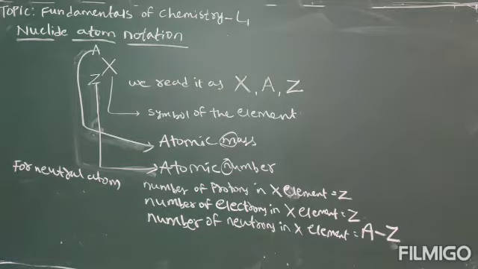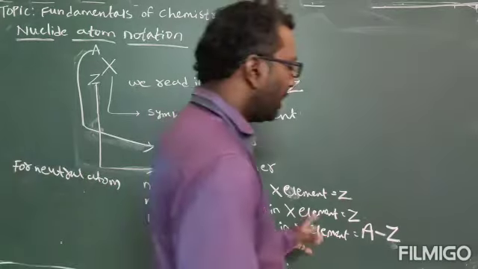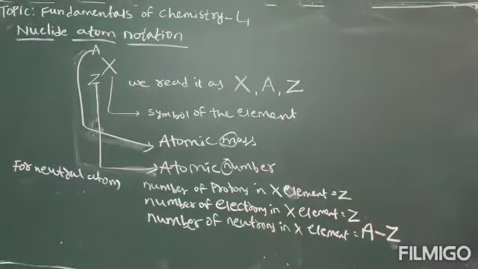So this is nuclide atom notation. Nuclide atom notation means it is represented by the symbol X with A and Z. X means symbol of the element, A means atomic mass and Z means atomic number.